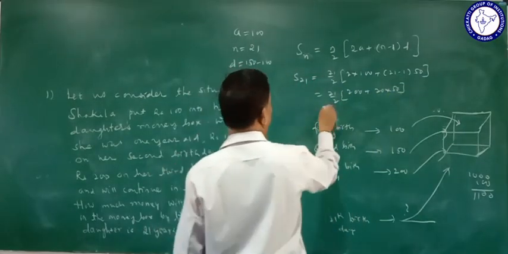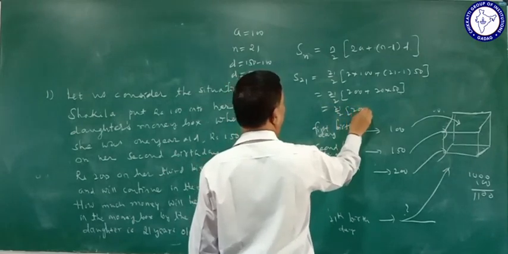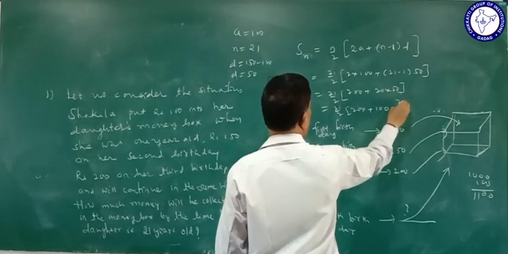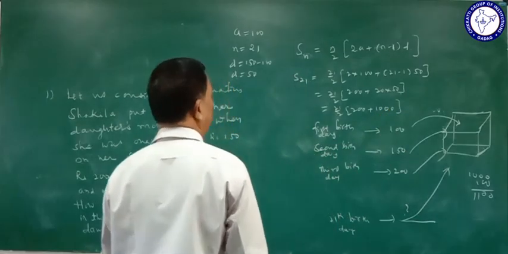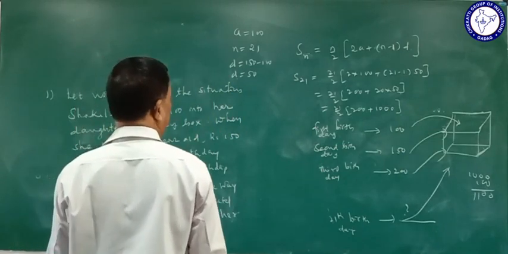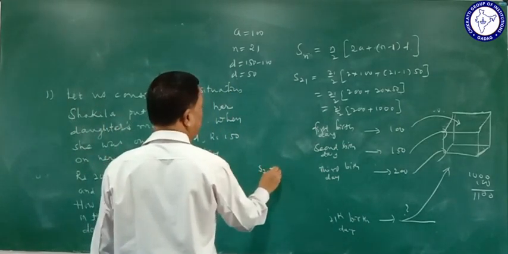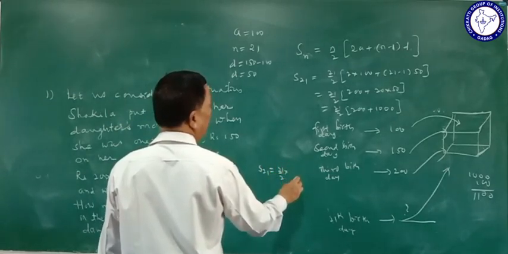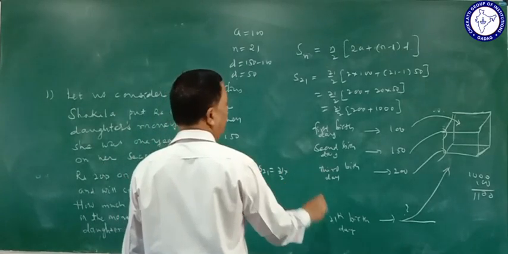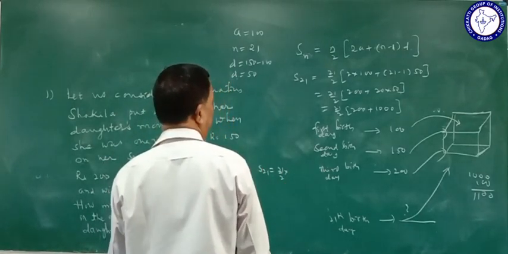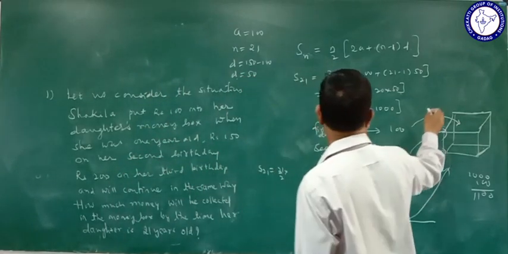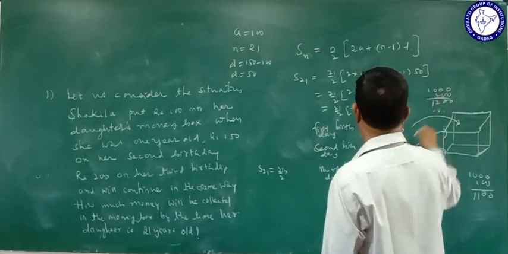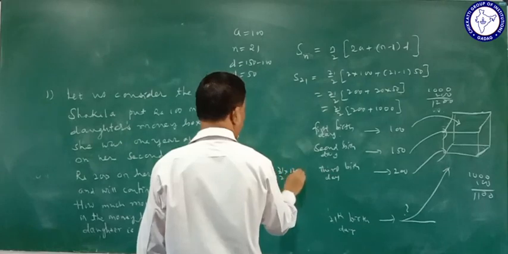So you can see this is 21 by 2 into 200 plus 1000. And S21 is equal to 21 by 2 into 200 plus 1000, so 1000 plus 200, you see this is 1200.